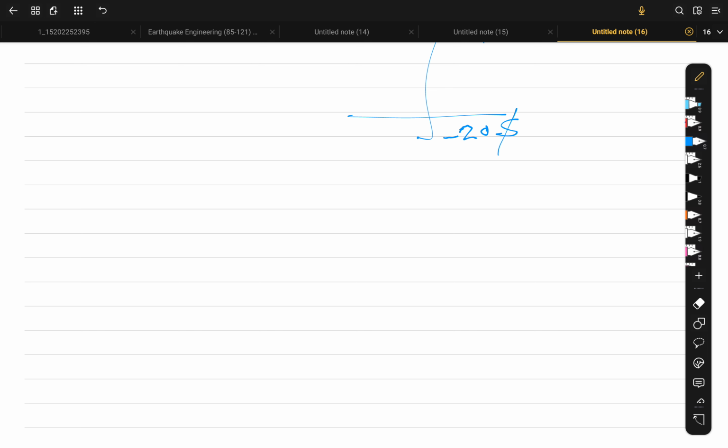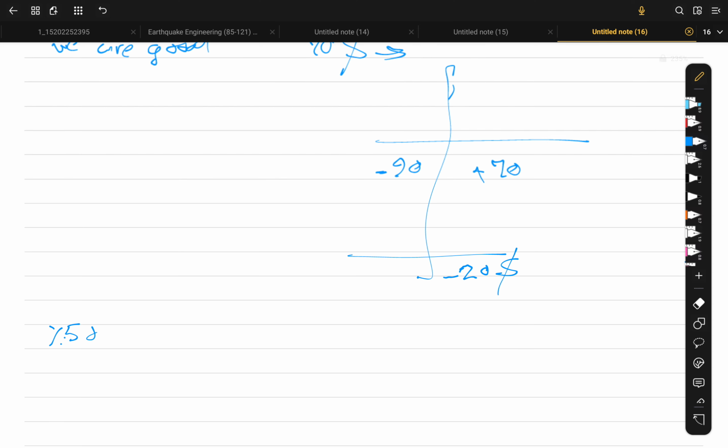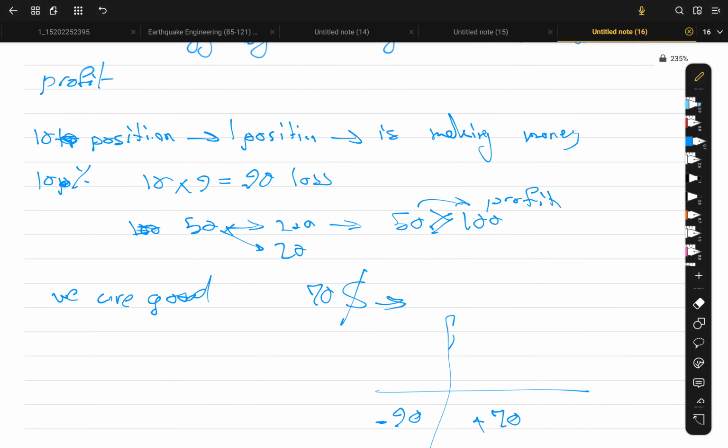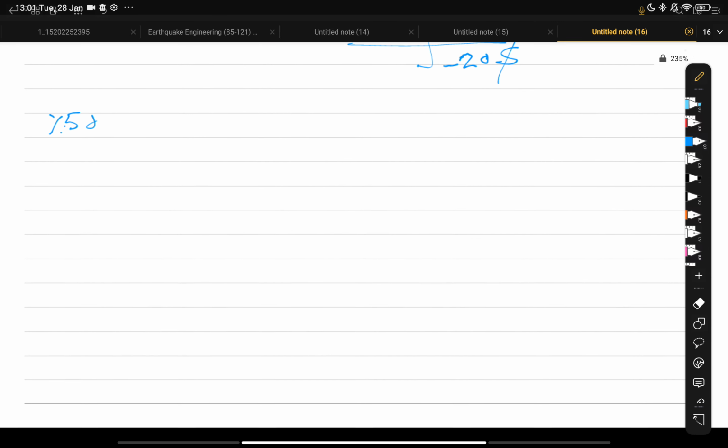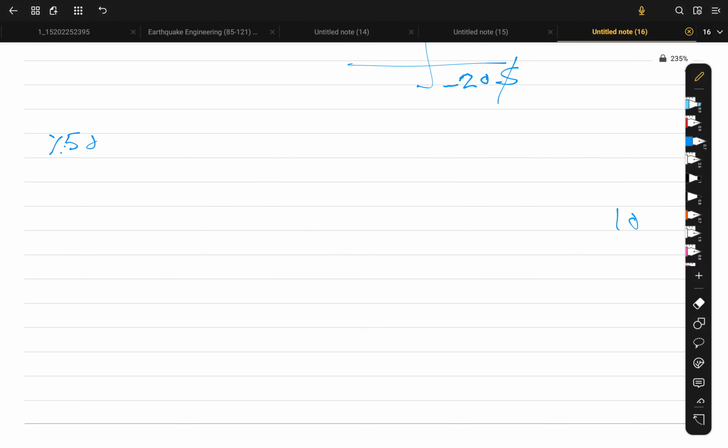How can we do that? For example, let's say we are going to take profit at 50%. It either comes to here or it doesn't. What are we going to do? We are going to make our chance more than 10%. How can we increase our chance?